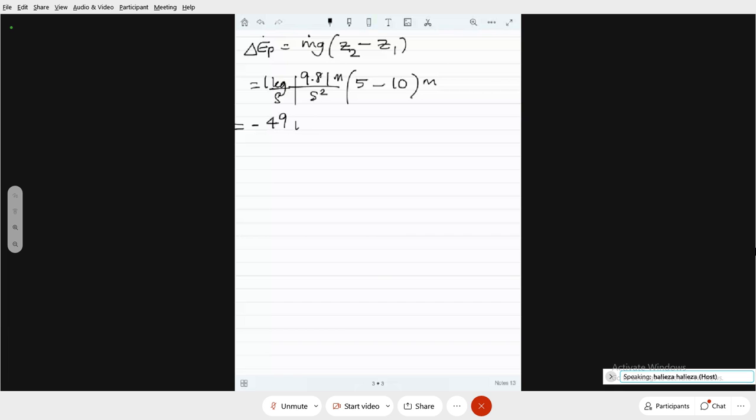The unit is kilogram per second, meter per second square, and another meter. Now we do the same conversion again. Let me see the first slide. 1 joule is 1 Newton meter.